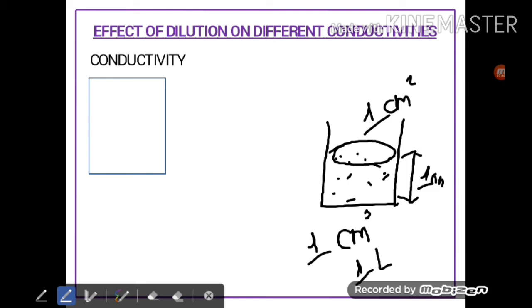So the conductance of this solution is known as conductivity, because conductivity is the conductance of a solution which has area of cross section 1 centimeter square and length 1 centimeter. So here conductivity is the conductance of 1 liter solution.